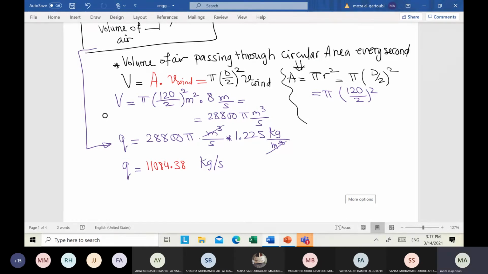I have a different number, maybe missing one number here. I have 1.1084 times 10 power. If you take this value, it will be 1.1 times 10 power 5 or power 4, depending on this answer.